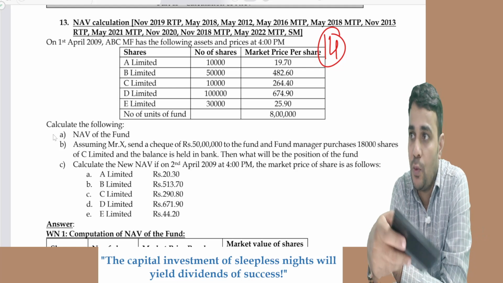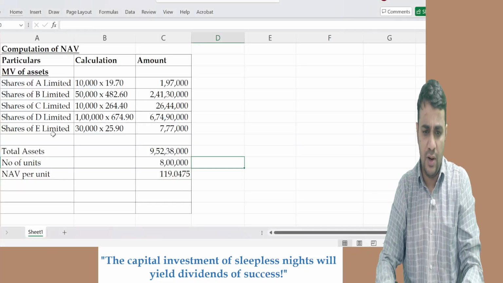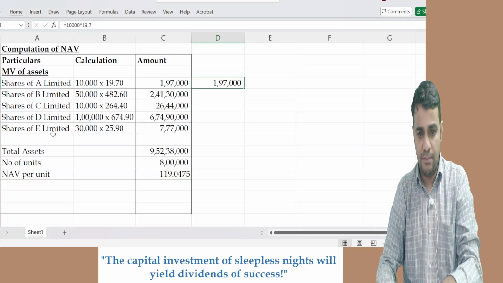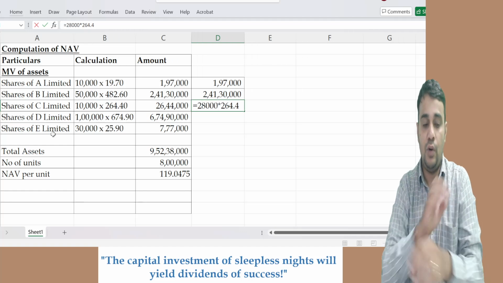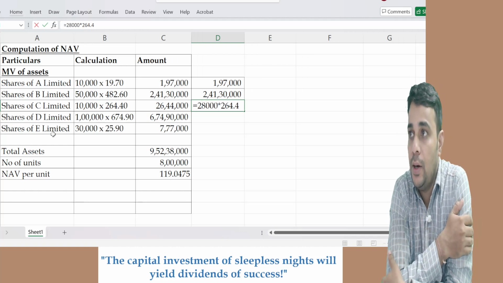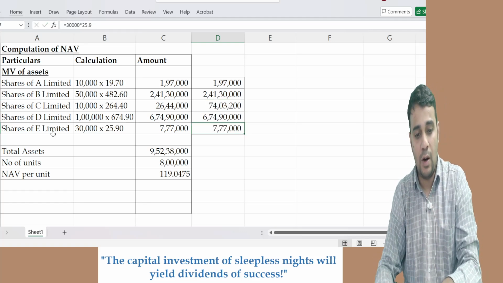Then there is a rework where the prices change, NAV will change. So in the rework, same C Limited, not 10,000 shares, it will become 28,000 shares. 10,000 will become 28,000 shares. Copy paste.